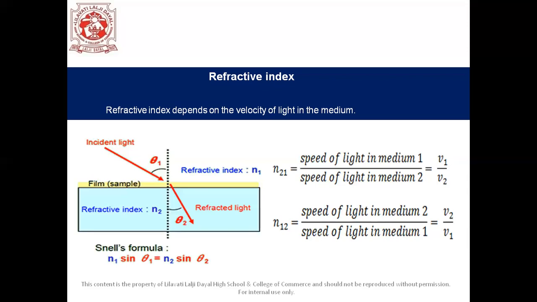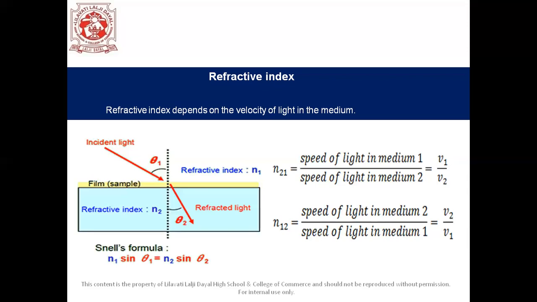The refractive index of a medium depends upon the magnitude of the velocity of light in the medium. So n21 is equal to v1 upon v2 and n12 is equal to v2 upon v1. What is v1? The speed of light in medium 1, and v2 is the speed of light in medium 2.